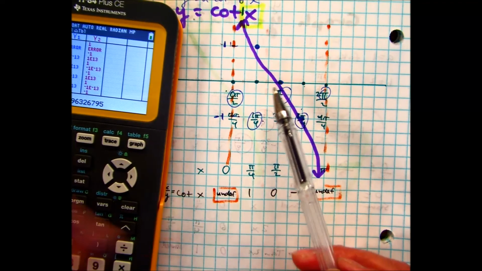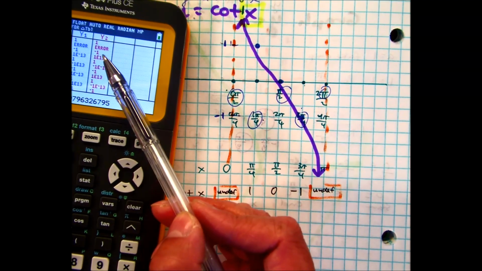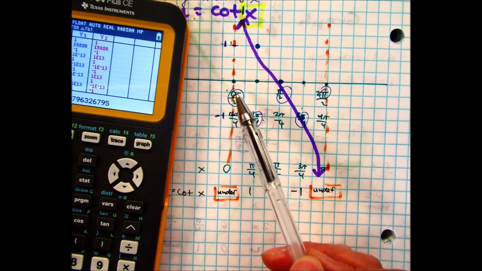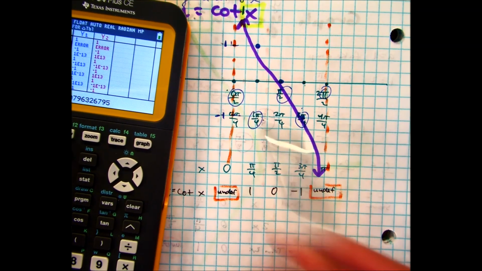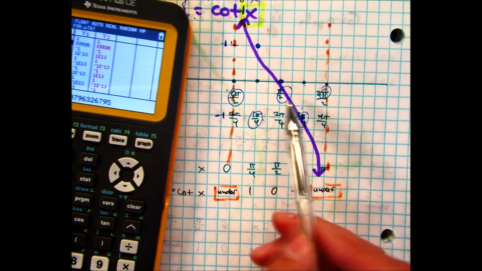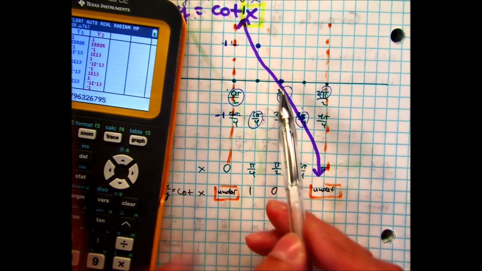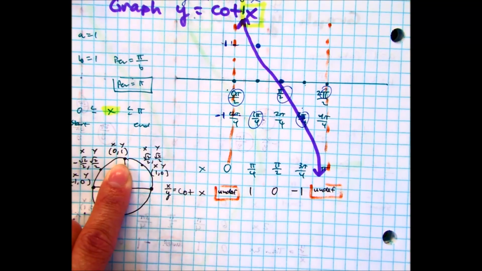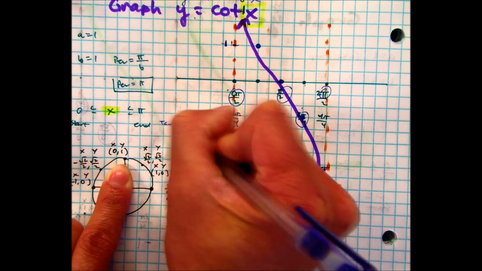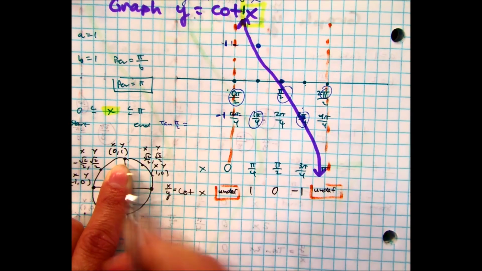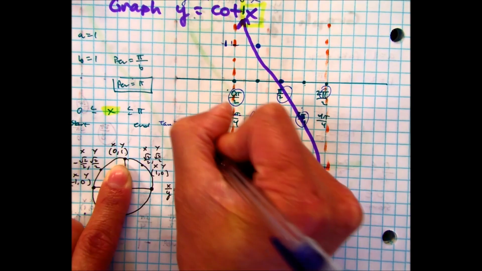The question is the calculator correct? Or are we correct? Of course, the answer is we're correct. And here's the reason why. At pi over 2, tangent y over x is undefined. Do you see this?